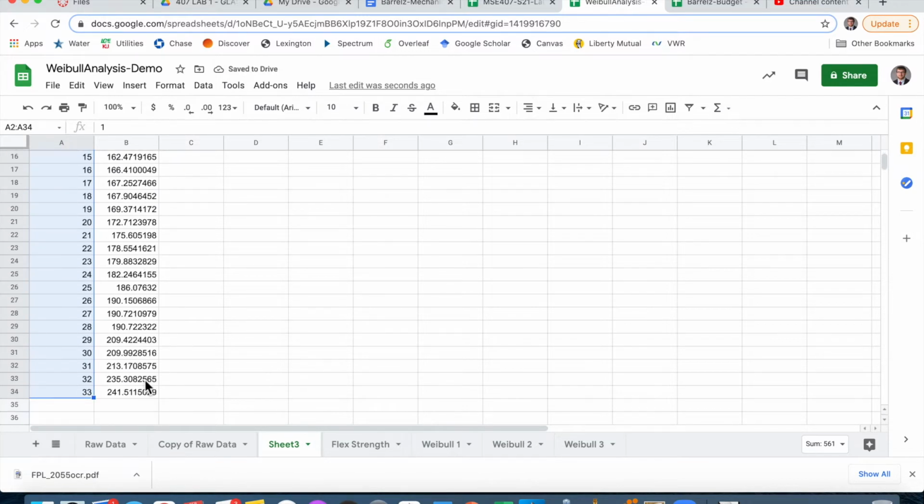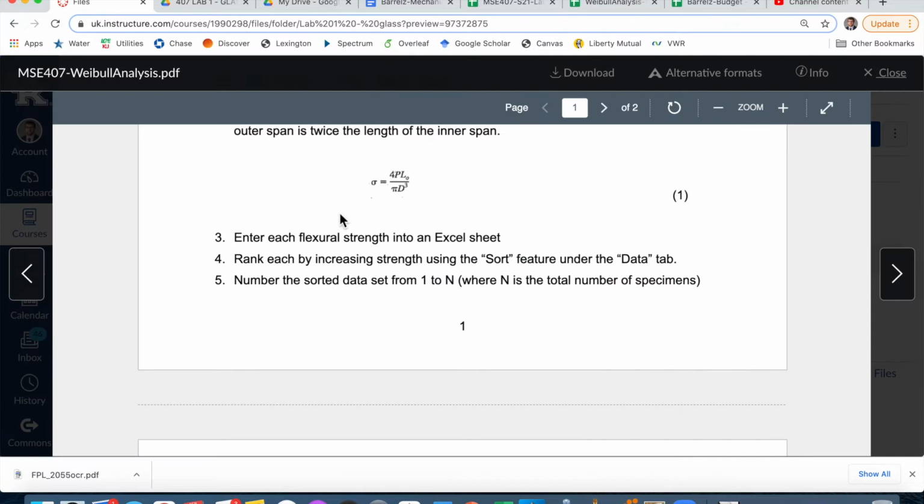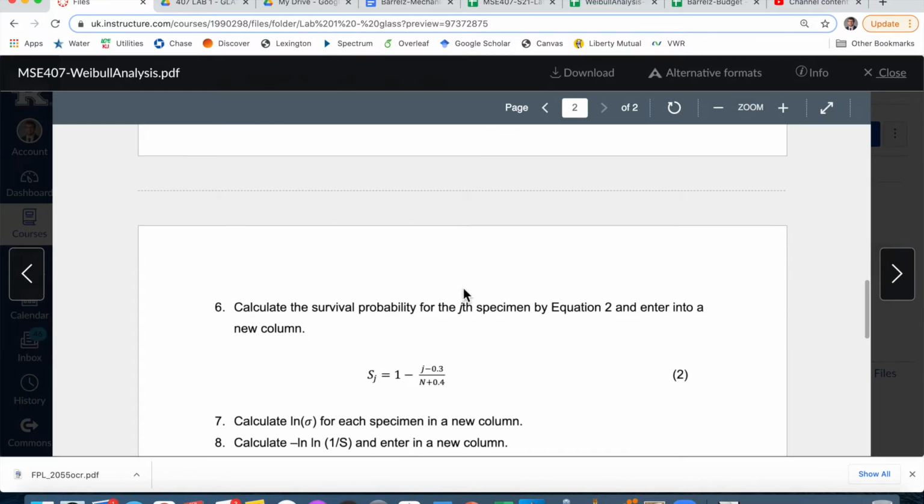And so that's what I've done here. And you'll also note that I have 33. All right, so that was the next step. So I've ranked it, and I've sorted it, and I've given it number 1 to N, and N for us is 33 in this example. Your example might be slightly different, so keep in mind that number.